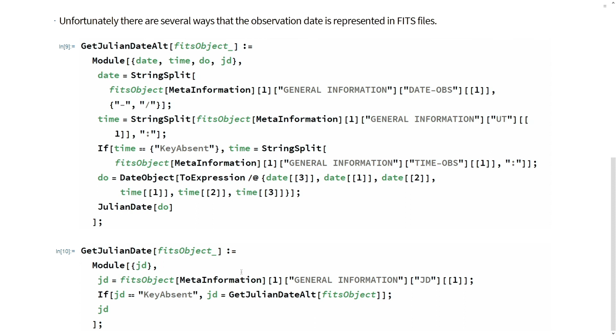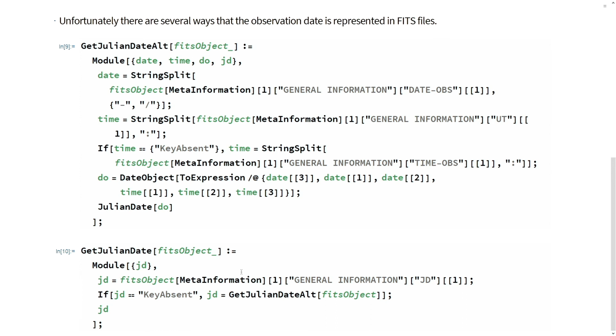So the first thing we do is we look in the FITS object, look in the meta information, and see if we have that JD tag. If we got it, we're okay. If we don't have it, we're going to try to whip it up using Mathematica date functions. So that's what this more complex version is, this get Julian date alt. And here what you can see we're doing is trying to look for the date-obs tag.